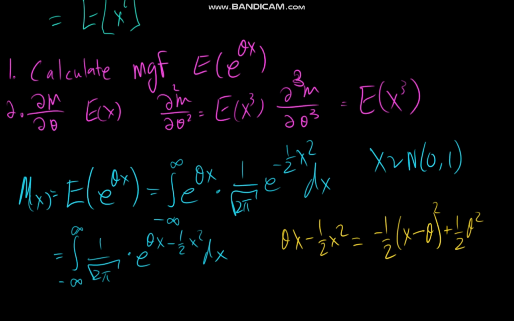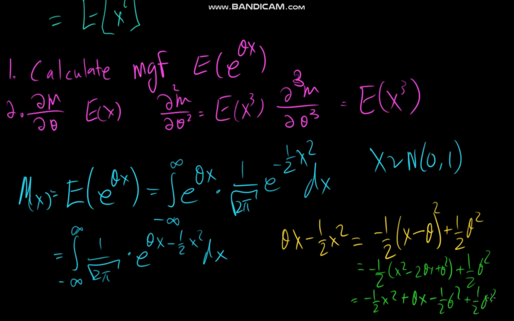And let's just check it out. We have here minus 1/2 of x squared minus 2 theta x plus theta squared plus 1/2 of theta squared. So we have minus 1/2 x squared plus theta x minus 1/2 of theta squared plus 1/2 of theta squared, and these two cancel one with another, and we get this back.